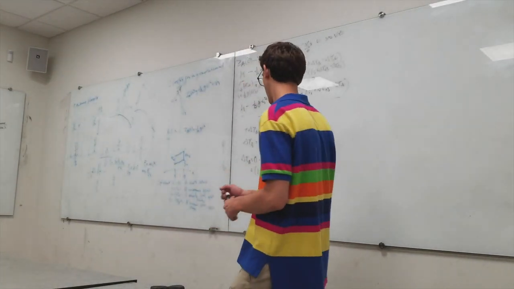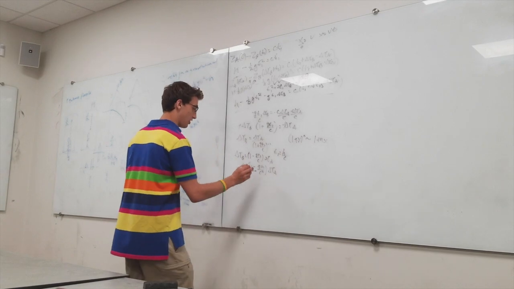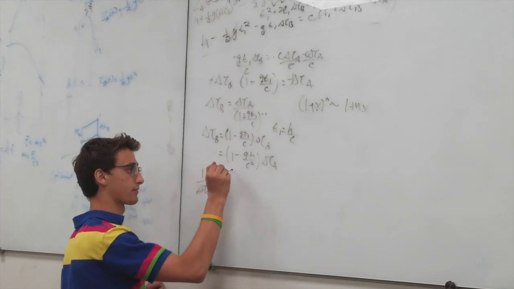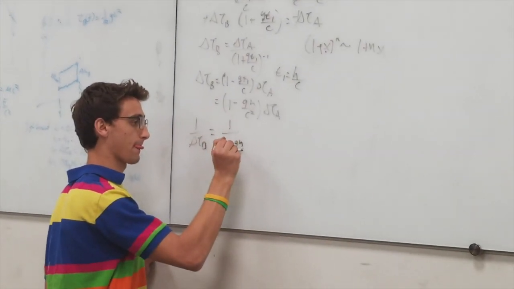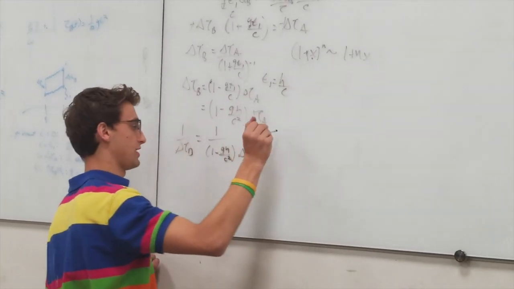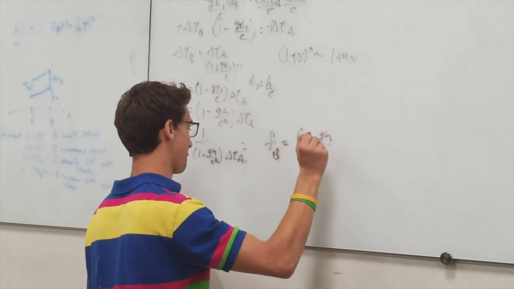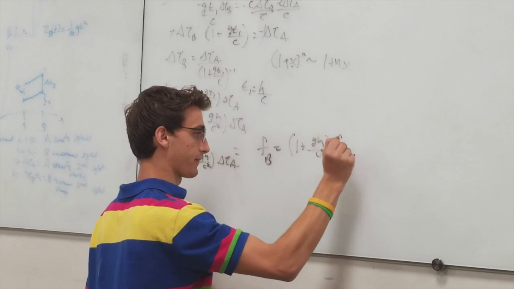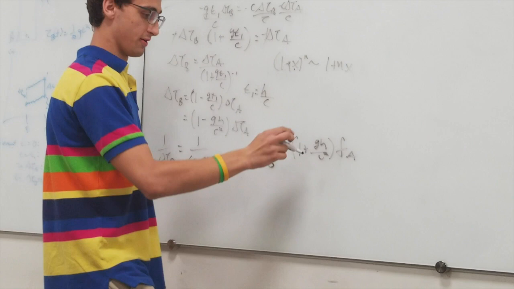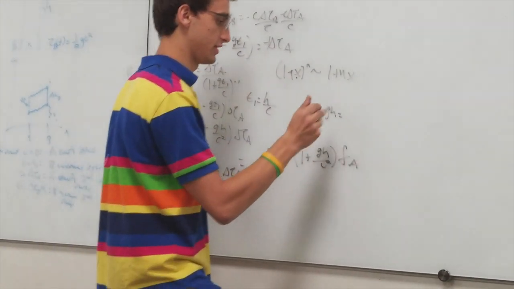Yeah. So GPS not only gets affected by the time, but it also gets affected by the frequency. All we do is invert this statement and reverse this binomial expansion, so we get the frequency of B equals 1 plus g h over c squared times the frequency of A. And g h is just the difference between the potentials.